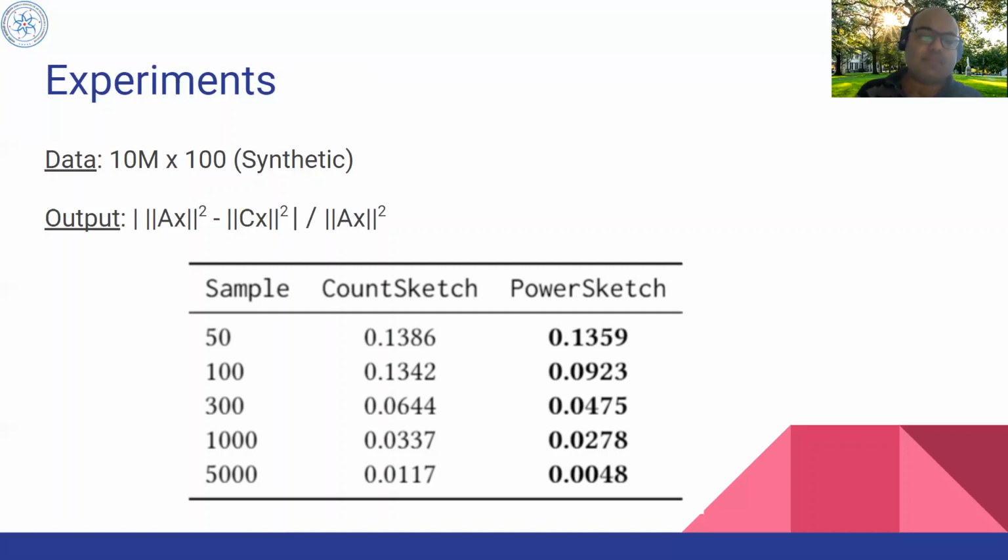For each sample size, we run 5 random experiments and compute the relative error, that is the squared norm of Ax minus the squared norm of Cx, divided by the squared norm of Ax, where x is some vector from the column space of A. In this table we report the mean of these 5 relative errors. Here clearly the power sketch method outperforms the count sketch for the same sample size.